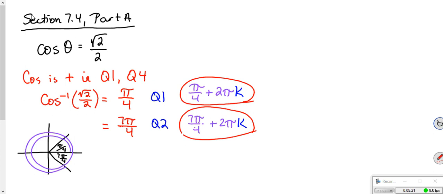And then 7 pi over 4 plus 2 pi k, or 2k pi. Those are your two answers, and that's literally how you have to list them, with a comma between them. Okay, so in your box, I would list pi over 4 plus 2 pi k, comma, 7 pi over 4 plus 2 pi k.